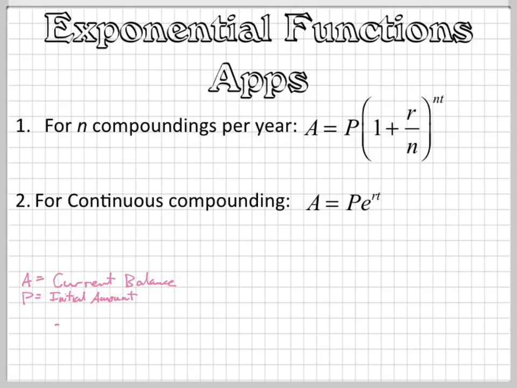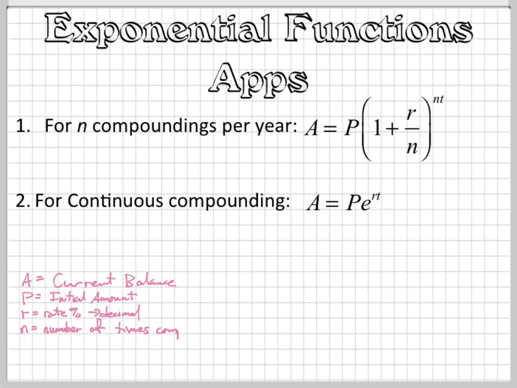Okay. R is your rate. Now, normally in a problem, that's given as a percent, but you need to change it into a decimal. Most formulas do not use the percent. They change the percent back into a decimal, and they use the decimal for the problem. N is the number of times compounded.